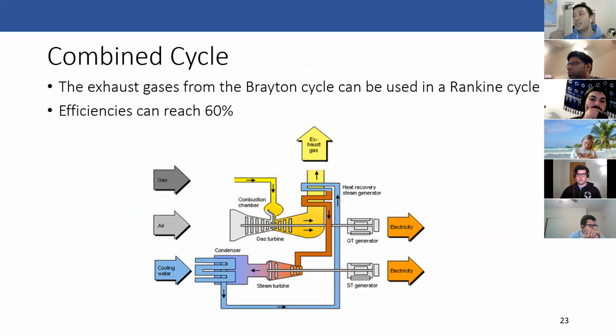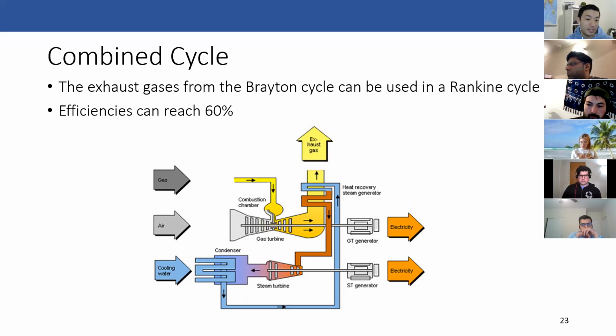In other words, I'm going to take advantage of the fact that the exhaust gases are really hot and put that into heating a boiler. And that boiler can then operate a steam turbine in a similar manner as a coal or a nuclear power plant would.